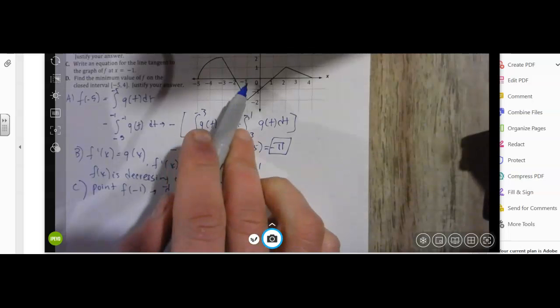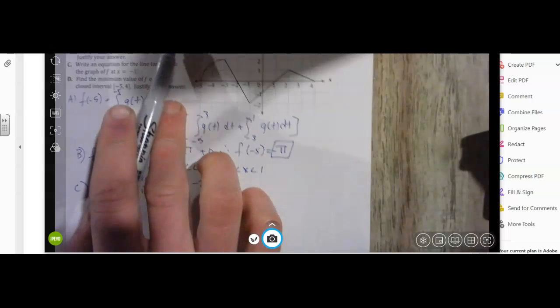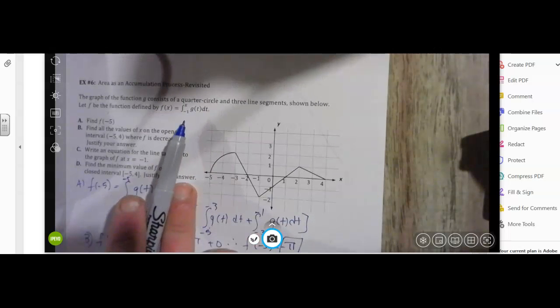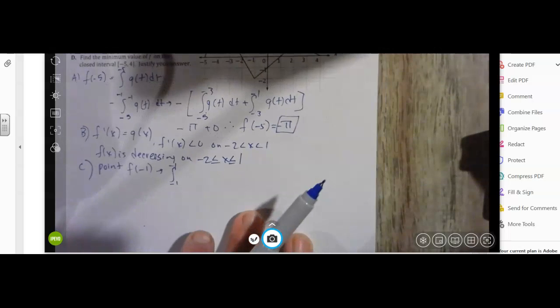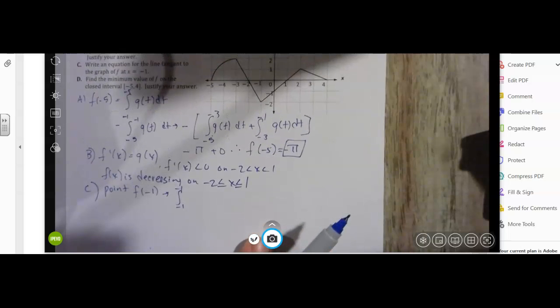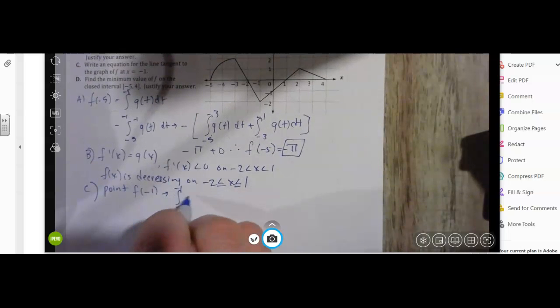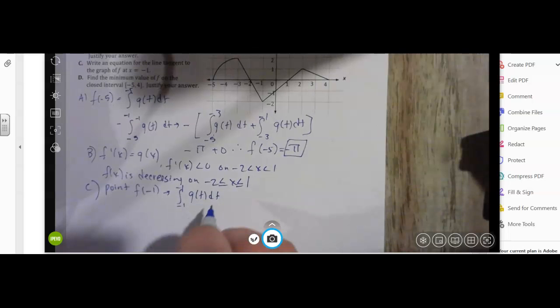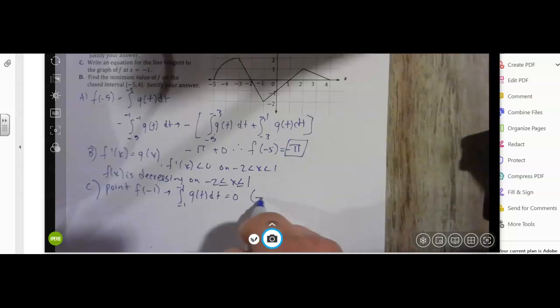We know it starts from -1, because that's what g is defined to be initially. So it looks like we're going to get a 0 here for the integral of g of t dt. And that's going to equal 0, so that means we have the point -1 comma 0.